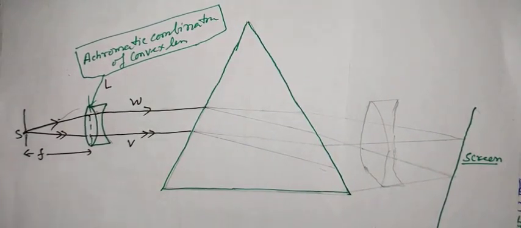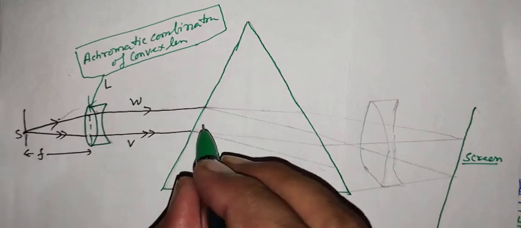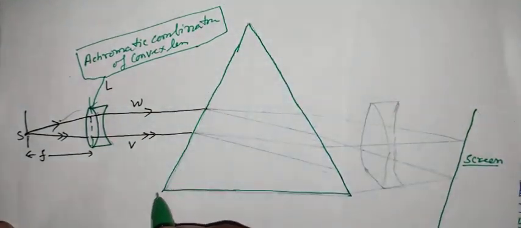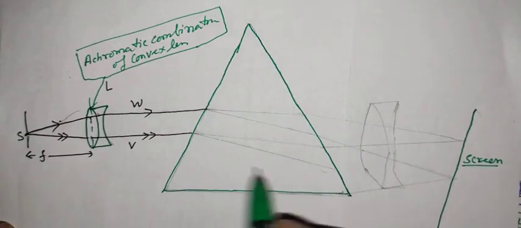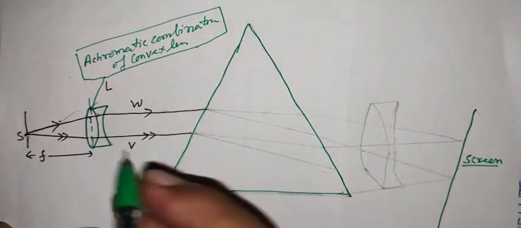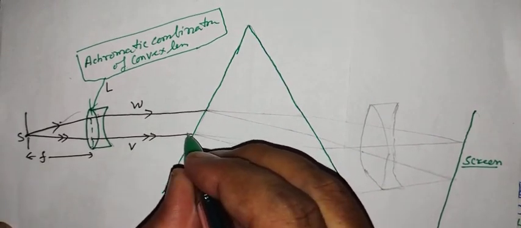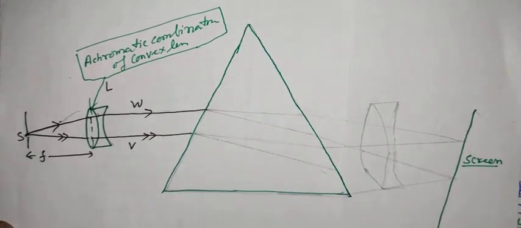Now see, the position of the prism is kept, as the third condition, in such a way that the angle of incidence is such that the angle of deviation should be minimum.